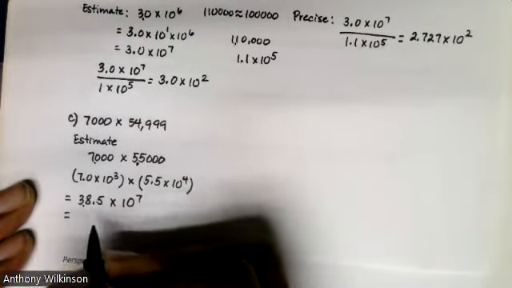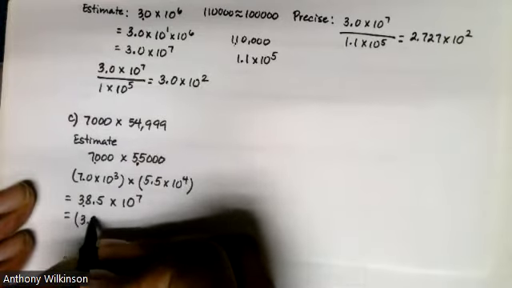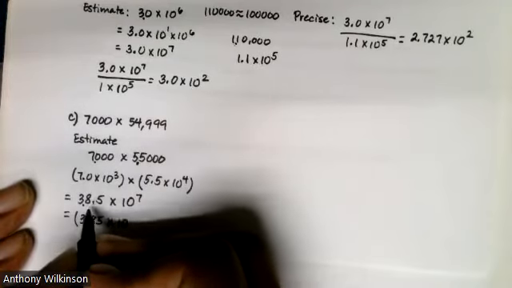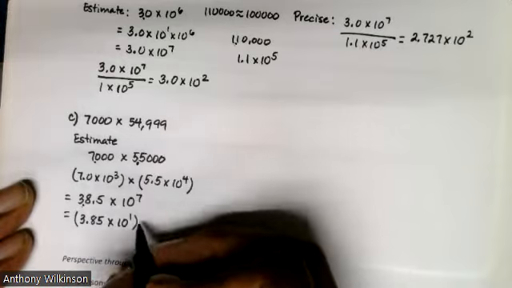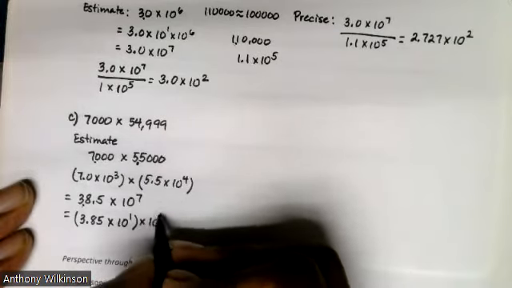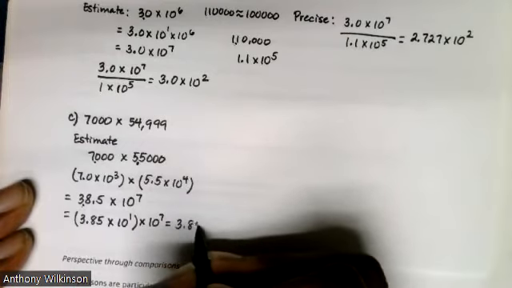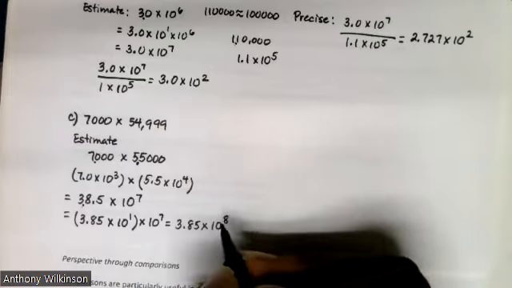Place a decimal point behind this first non-zero number, which is 3. So I have 3.85 times 10 to the, now I move this decimal point 1 place to the left, so it would be a positive 1 times another 10 to the 7. So I have 3.85 times 10 to the 1 plus 7, which is 8.